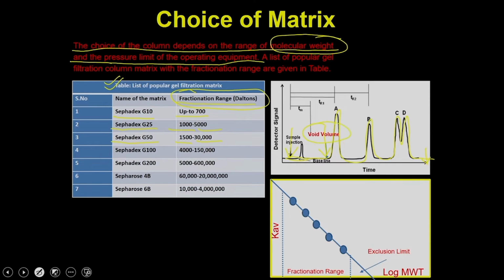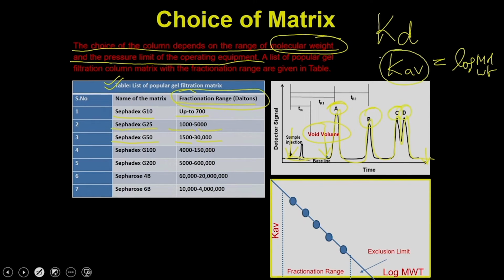So, if you plot and calculate the Kav of this column versus the log molecular weight, if you take the molecular weight of these proteins and calculate the distribution coefficient versus the log molecular weight, what you will see is that the Kav and the log molecular weight maintain a linear relationship.